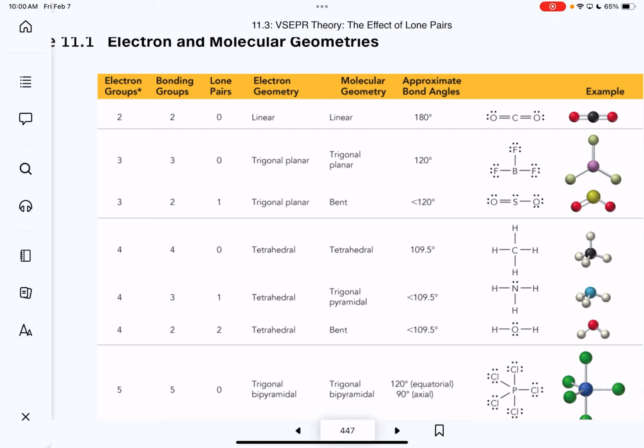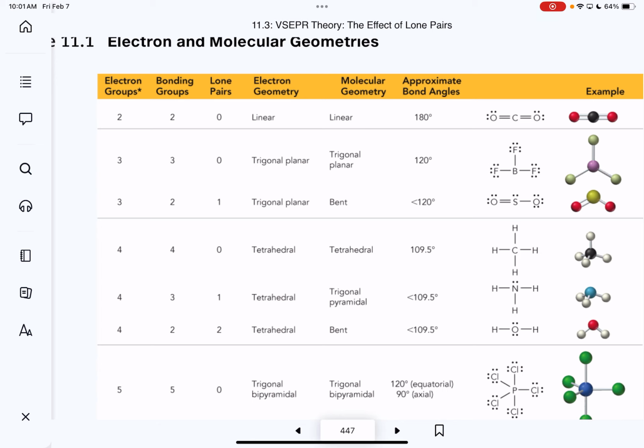Make sure you understand what we mean by each of these terms: electron groups, which of those electron groups are bonds, which of them are lone pairs, and then how do we use that to name the electron geometry and the molecular geometry, how that influences their angles, and not just the names, but today you'll see that visualizing what that name means becomes really important.